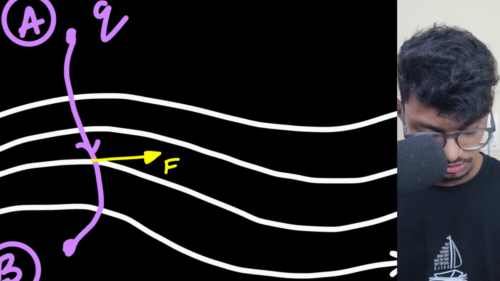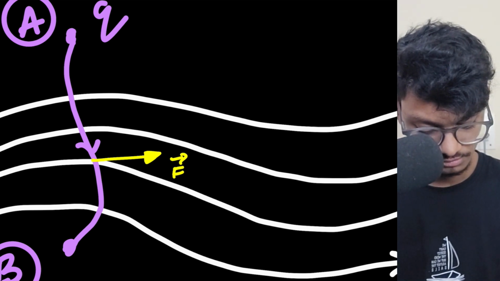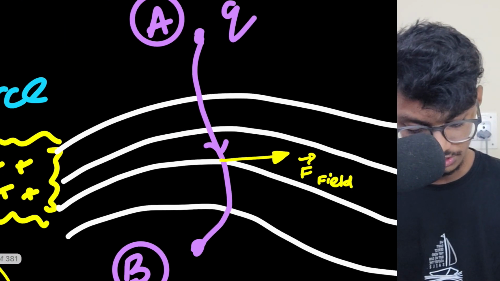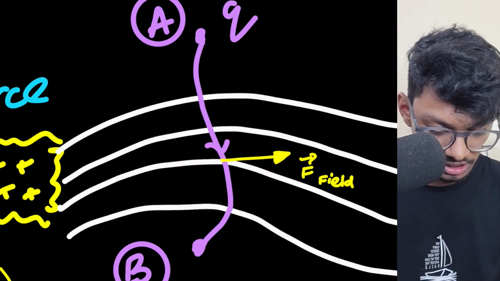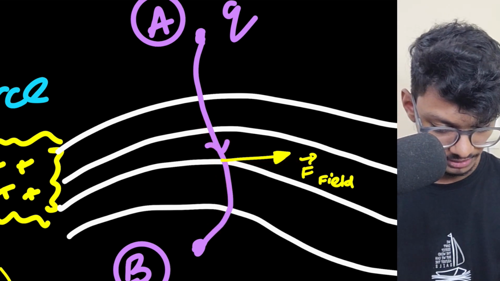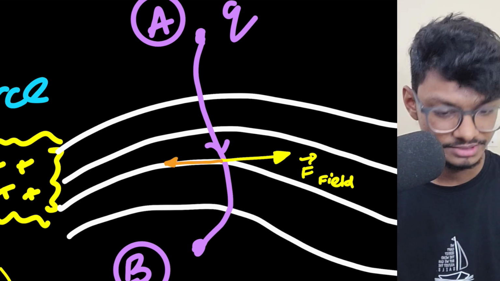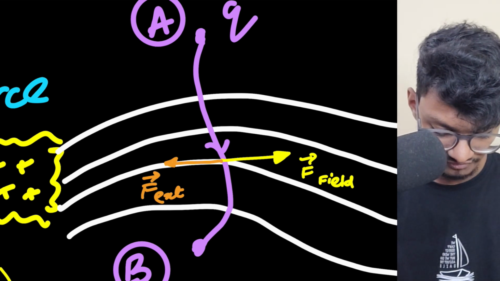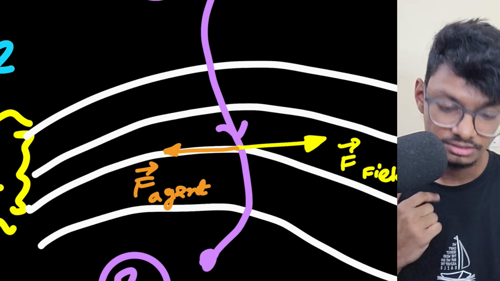Now what force do I have to apply? I have to apply the opposite force to keep the velocity constant, else the charge will deflect away on the right hand side. Direction will be anti-parallel, but the magnitude will be the same. This will be F external, or F agent, that I need to apply to make this force 0.